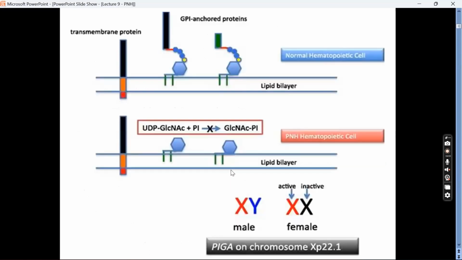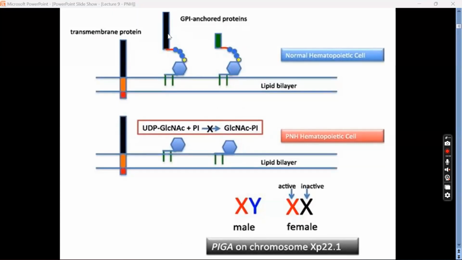Now, this is what I told you. Some cell surface proteins span throughout the membrane, and such proteins are called transmembrane proteins. If you see this protein, it has an extramembranous part, a membranous part, and a cytosolic part. Whereas some proteins are linked to the cell membrane by an anchor protein called a GPI anchor.